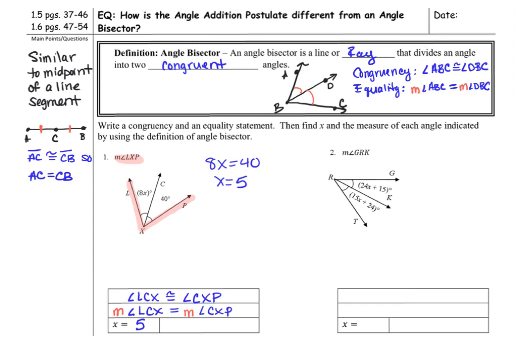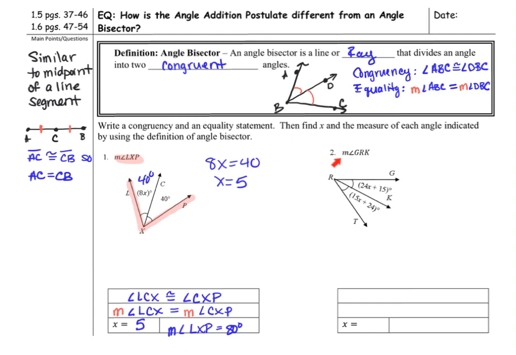And then we're asked to find LXP. So if this side is 40, well then this side is 40 because they're equal. So LXP is the larger angle, and it's what you would get if you were adding these two angles together. So I know that this side's 40 degrees, and then 40 plus 40 would give you 80 for the measurement of angle LXP.